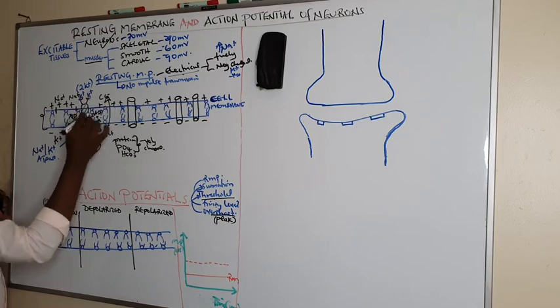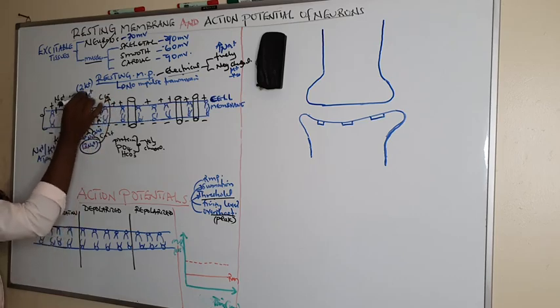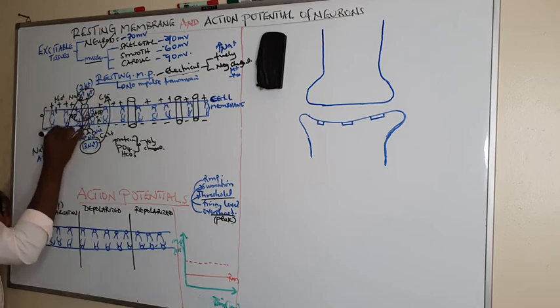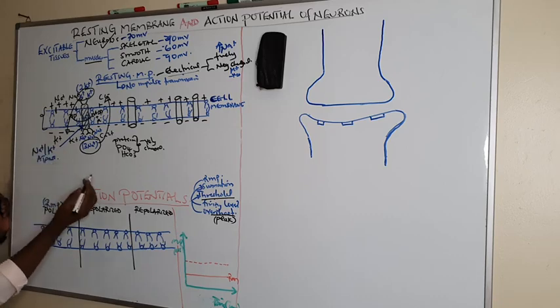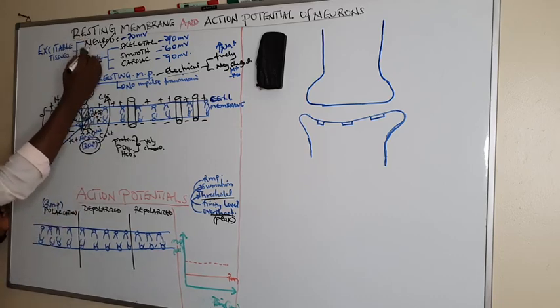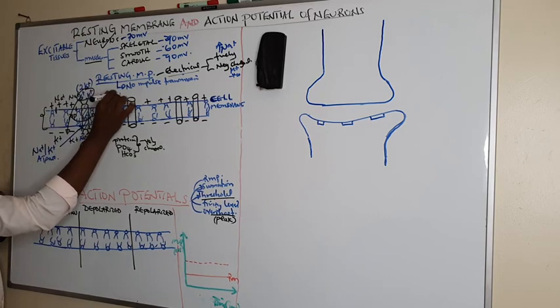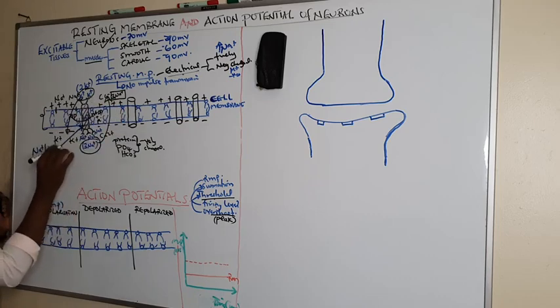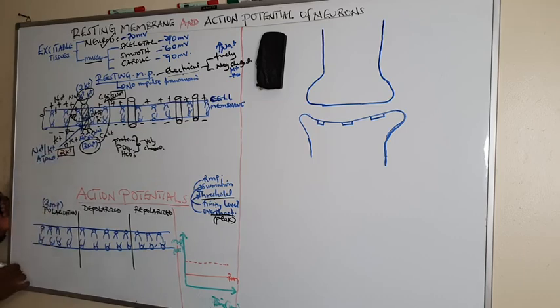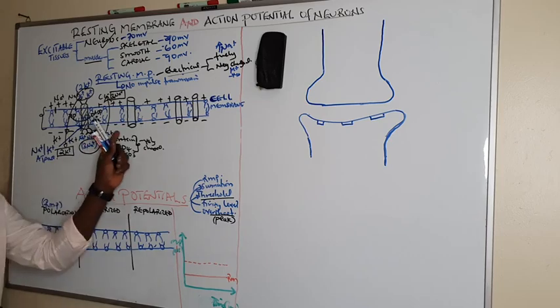So we are taking outside the three sodium ions, and the two potassium ions on the receptors outside are brought inside. So we are pumping out three sodium ions, and we are bringing inside two potassium ions. And this creates a negative charge inside.